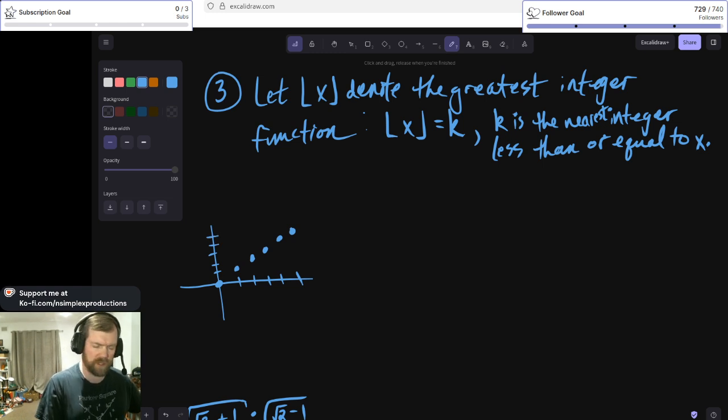But if the floor function is asking for what's the value that we're going to get, well, if we pick a value that's in between, we're going to get the nearest integer that is less than or equal to that number. So that's going to hop back to here. That is going to be 4.